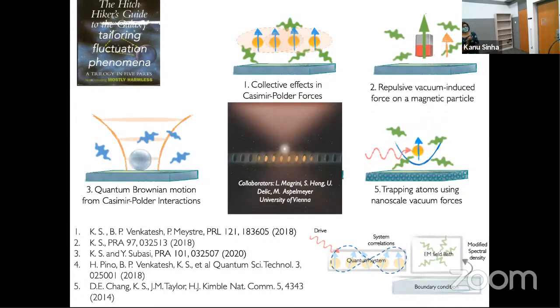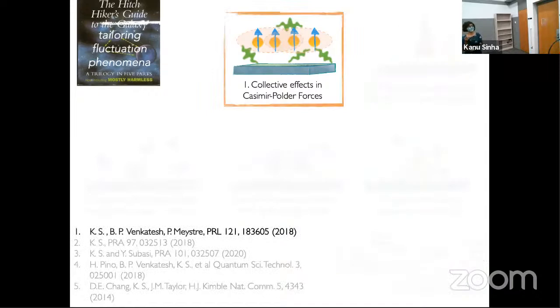I do want to mention that there's an interesting experiment that we are collaborating with at the moment in Vienna, where we are looking at drive-induced modifications to the Casimir-Polder force on a nanosphere close to a membrane. Okay. And for the purposes of now, I'd like to focus on this one idea of collective effects in Casimir-Polder forces.